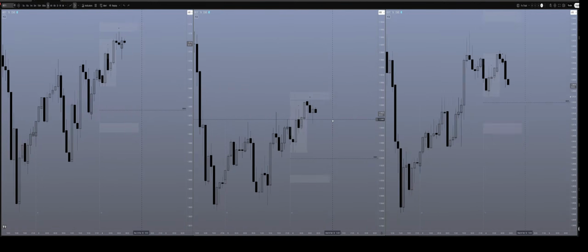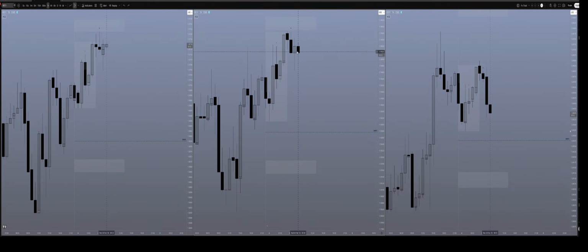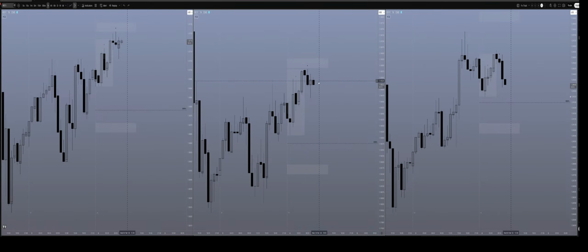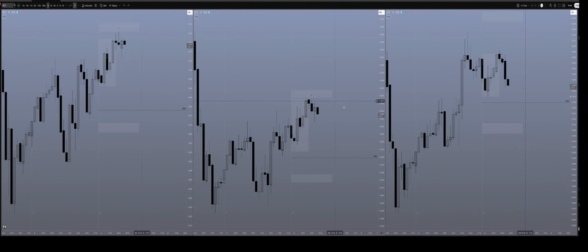I normally like to see the first 15-minute play out, but if I wanted to go short, for instance, here, and I'm seeing this bar print lower in the first 5 minutes, or the first 15 minutes even, right? You know, open, low, high, close. Okay, so we have a bar like this.